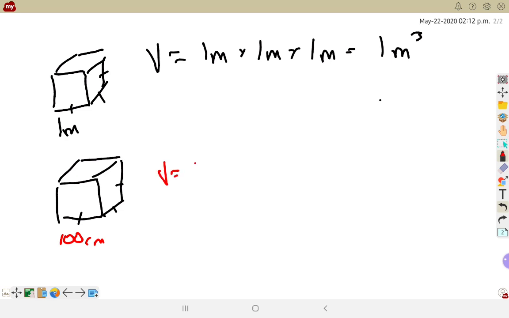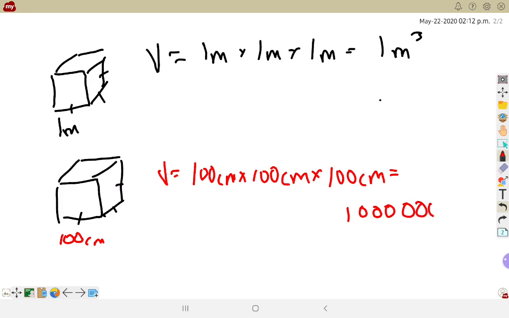So my volume is 100 centimeters times 100 centimeters times 100 centimeters, and that means that my volume is 1 million centimeters cubed. So I don't just times by 100, right? I have to times by 100 3 times, because each side gets converted. So the conversion is happening 3 separate times. So 1 meter cubed is 1 million centimeters cubed.